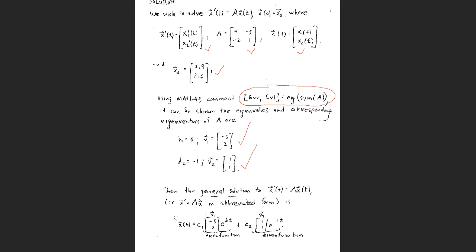And therefore, based on what you just learned, and I'll give you a moment to catch up here, obviously it takes some time to copy this. Based on what we just proved before our break, the general solution to the linear system of differential equations is given here. It's the linear combination of the two eigenfunctions. Let me give you a moment to copy this down. Please let me know if you have any questions.